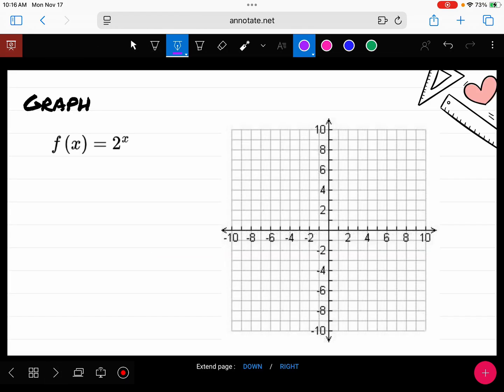So the first one we're going to graph is 2 to the x. Fairly familiar. We've seen these kind of guys before. This is a parent function. It doesn't have any a transformation, h, or k. So this is just b to the x.